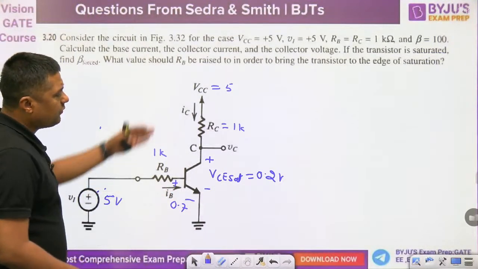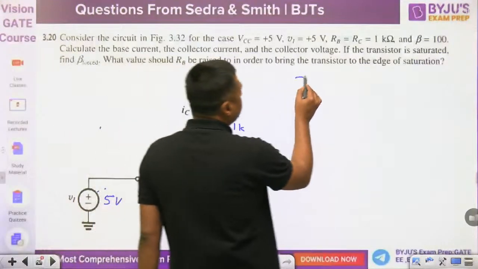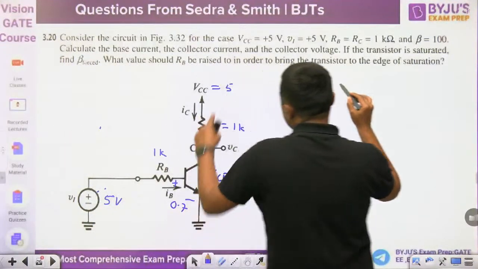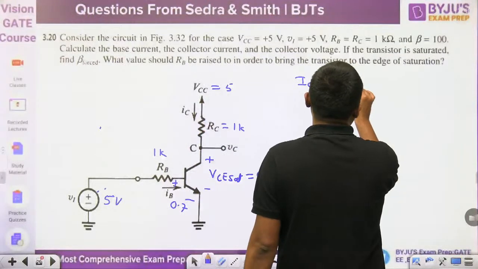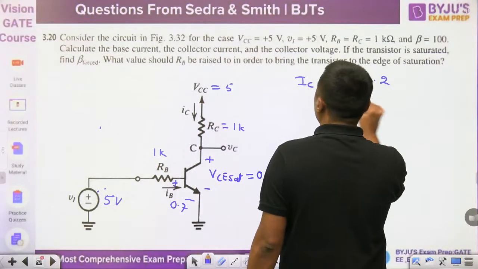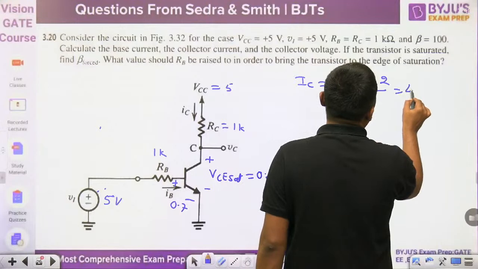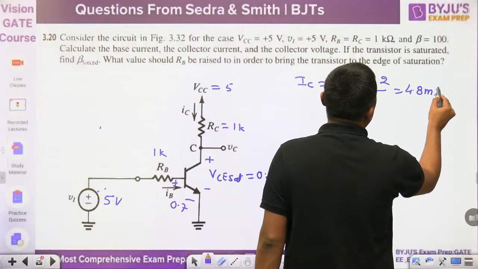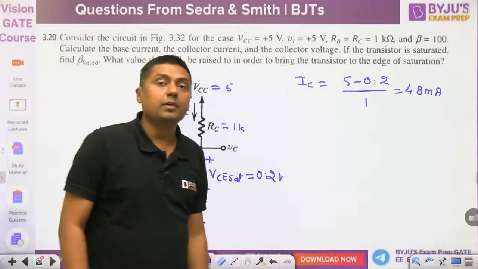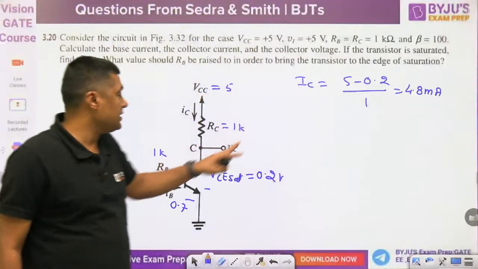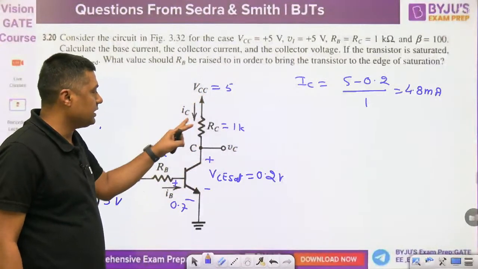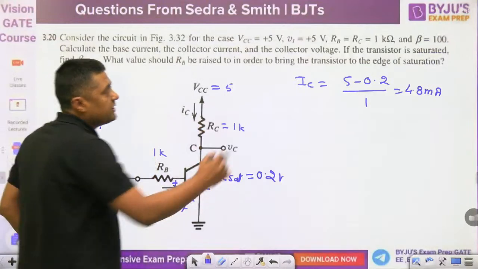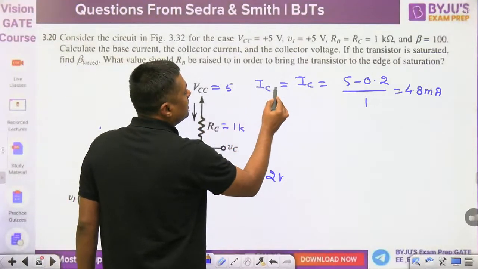So directly you can find the collector current, very easy. VCC minus VCE sat, 5 minus 0.2 divided by 1 kilo ohm, that becomes 4.8 milliampere. That is the value of IC sat, VCC minus VCE sat upon RC. This is called the saturated current.